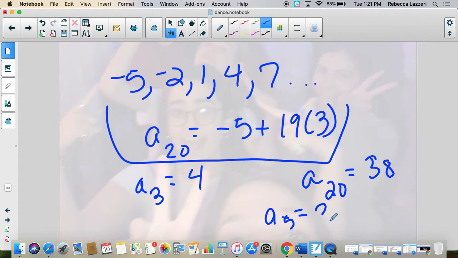Use common sense. 38 is the 20th term. Find the 5th term? That's your job with those 2 clues, is to find the 5th term.